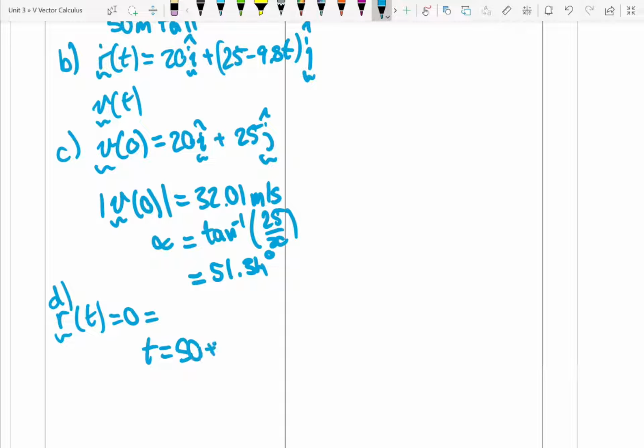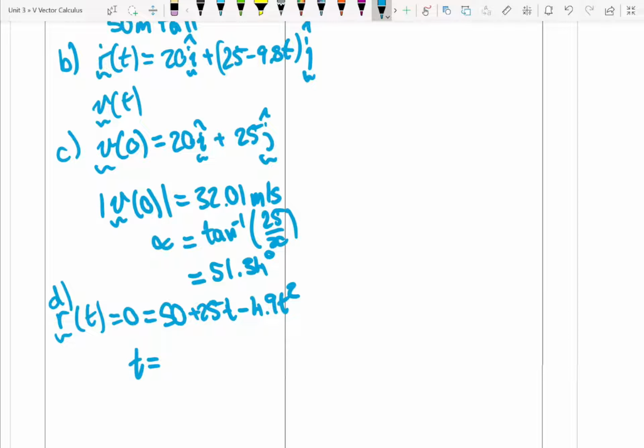So if that's equal to 0, our values of t using the quadratic formula are either negative 1.53 or 6.639. Okay, so we reject t less than 0, which means our time is 6.639.